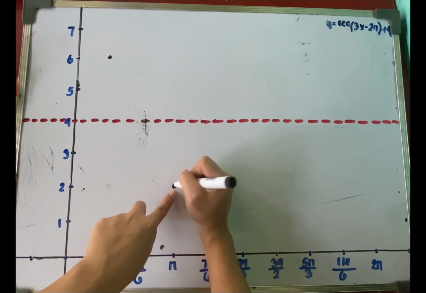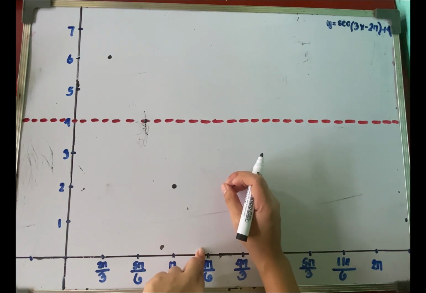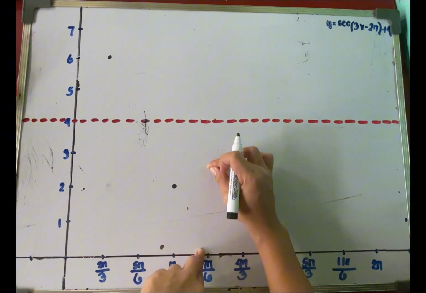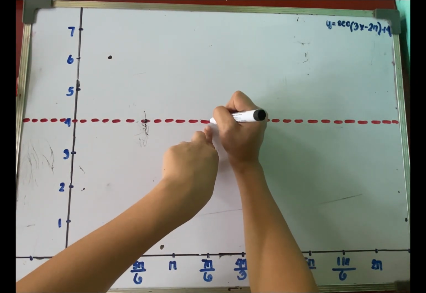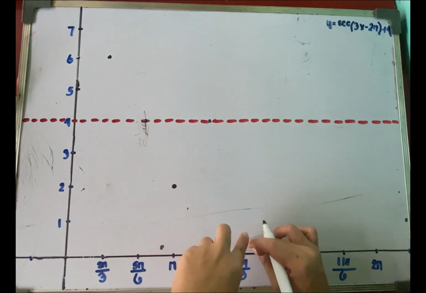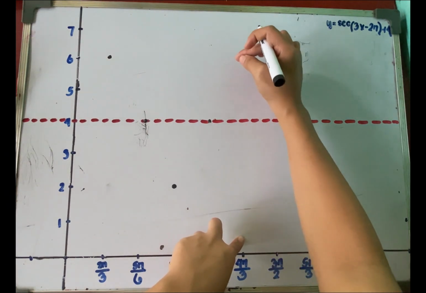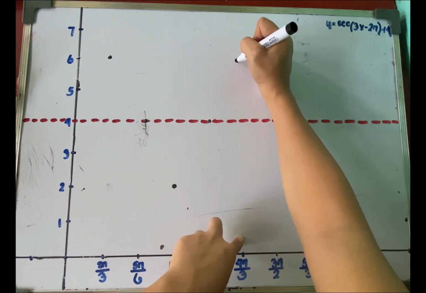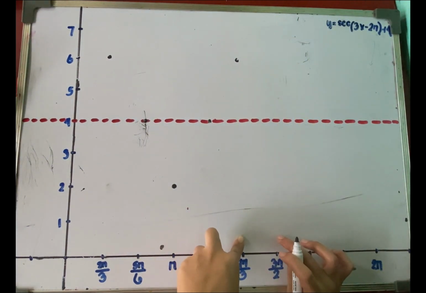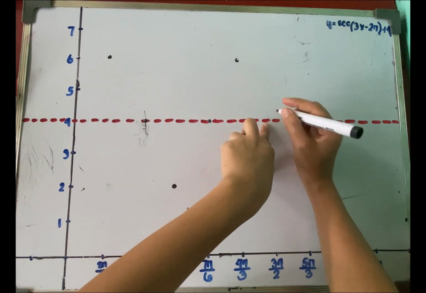As you can see in our table of values earlier, you have to follow it. So our 7 pi over 6 is with our 4. And our 4 pi over 3 is with our 6. Our 3 pi over 2 is paired with 4.